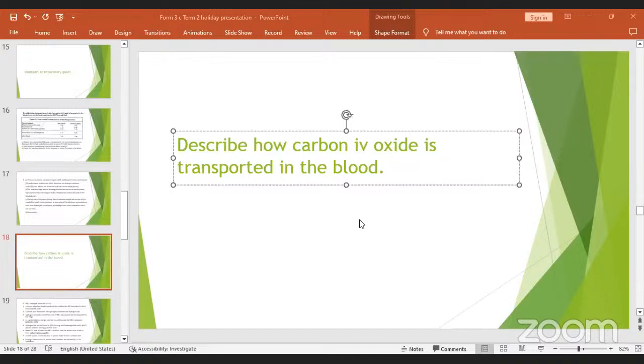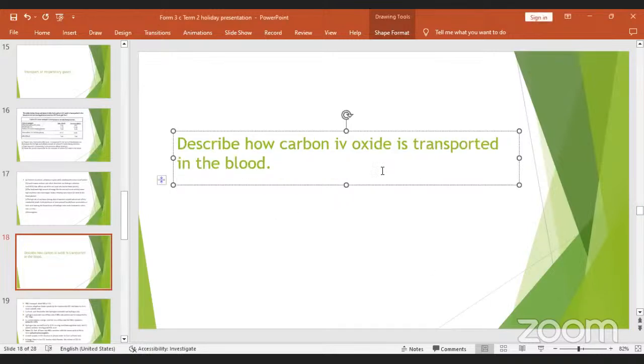So I want to give you an assignment in that. You have to include more detail. The assignment will be, you describe how carbon dioxide is transported from the tissues to the lungs for excretion.